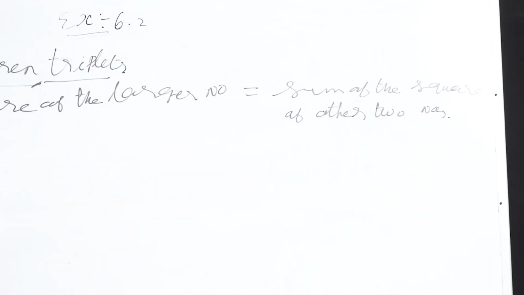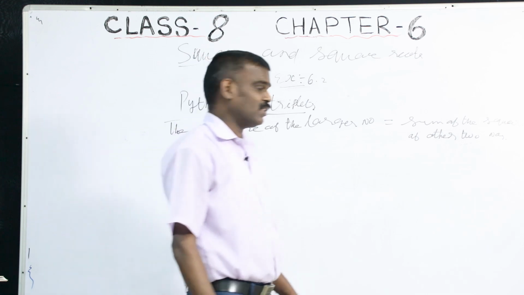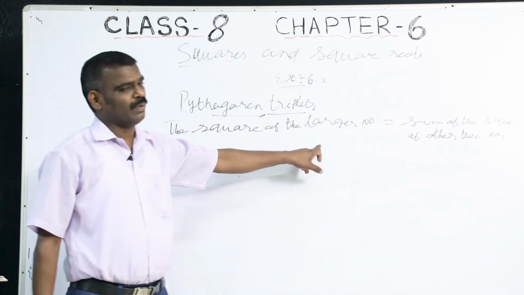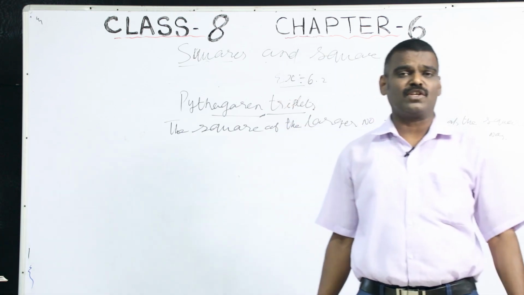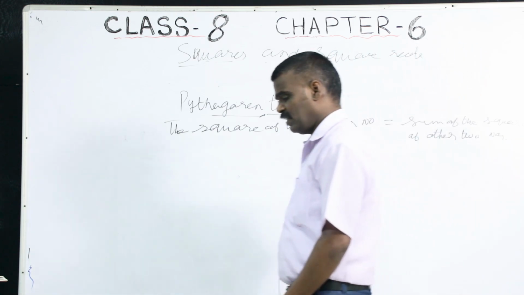What does the Pythagorean theorem tell? The square of the larger number will be equal to the sum of the squares of the other 2 numbers. This is the Pythagorean theorem.